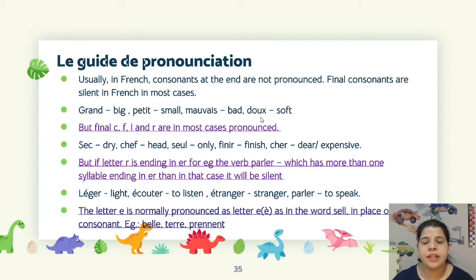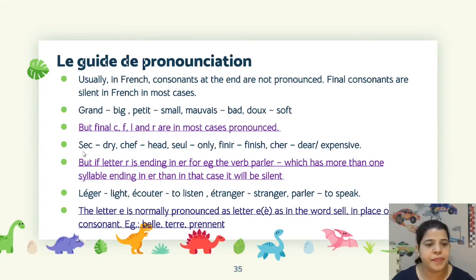Okay, but there are 4 letters which are exceptional. Means we pronounce those 4 consonants when they are at the end of a word. Like the letter C, the letter F, the letter L, and the letter R in most cases are pronounced. Let's see the examples.